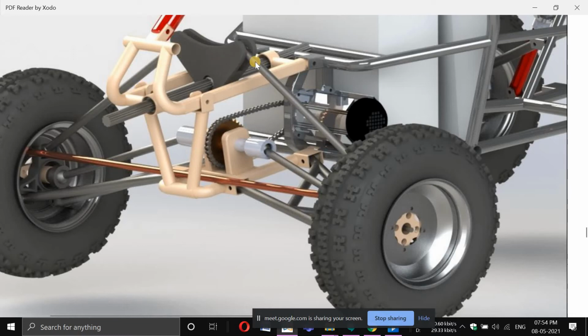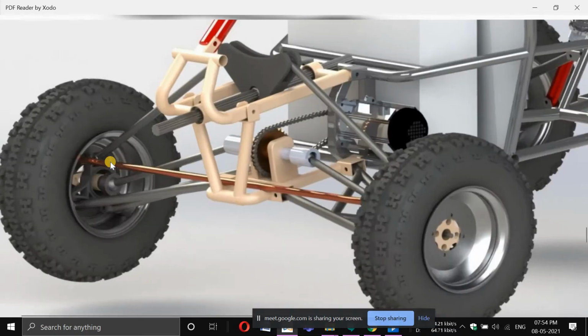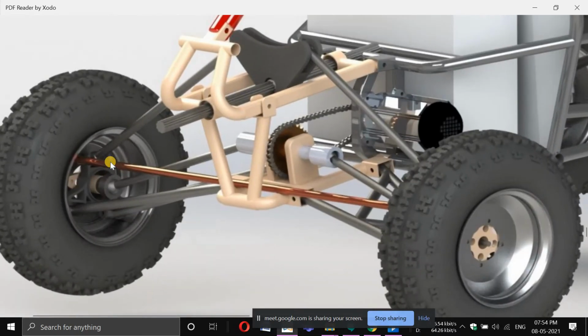If the push rods were rigid enough to hold the tire in a stable position, then this anti-roll bar would have been of no use for restraining the degrees of freedom. But in our case, due to the dynamic nature of the bell crank and the push rods, a rigid link which holds both the tires together is very necessary. It holds the tire in position and restrains the degrees of freedom.